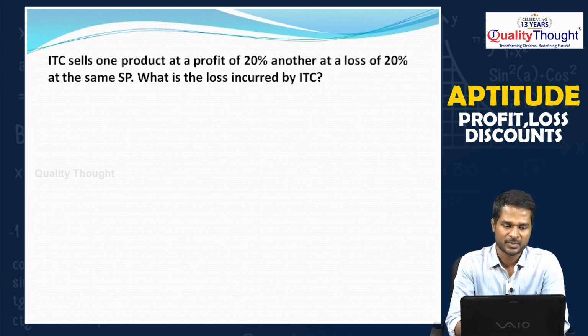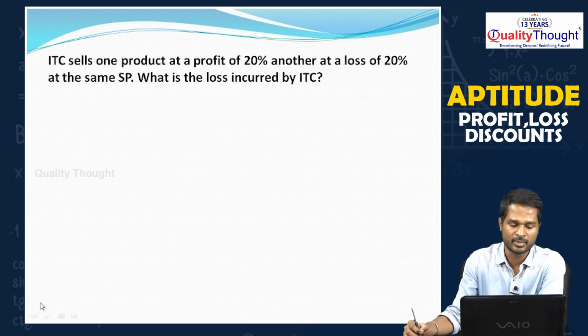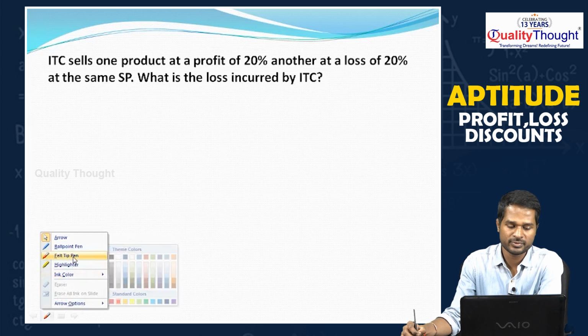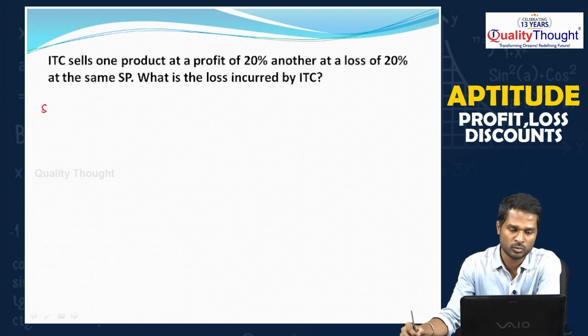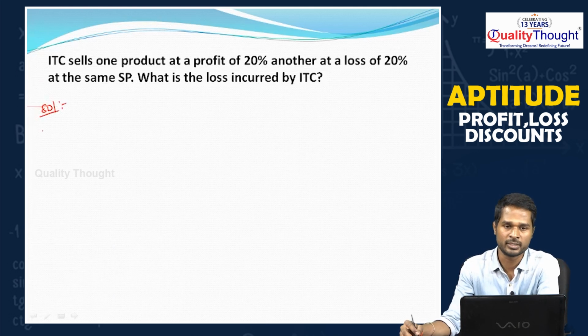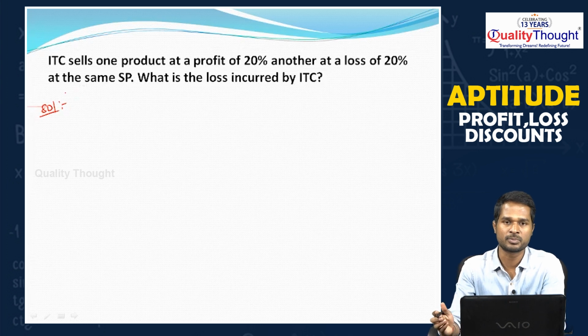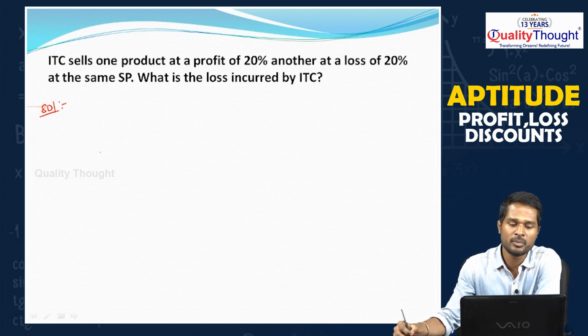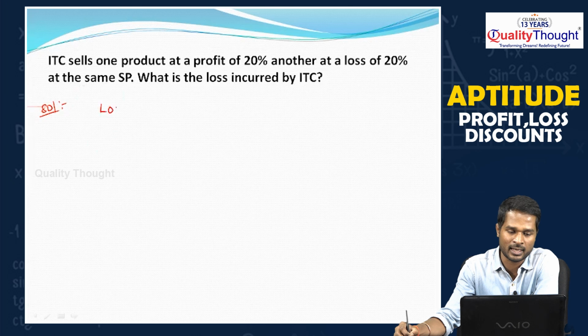Let us see the question. ITC sells one product at a profit of 20% and another at a loss of 20% at the same selling price. Then what is the loss incurred by ITC? In the notes we have written, when the same selling price is there on both the materials and one material gives X percentage profit and another gives X percentage loss, then on both together there is a loss of X square by 100 percentage.